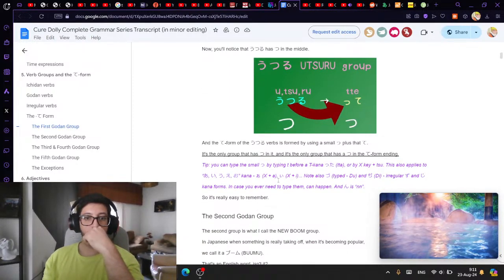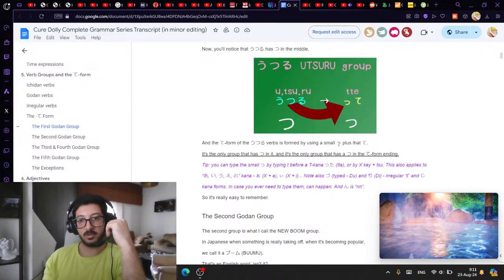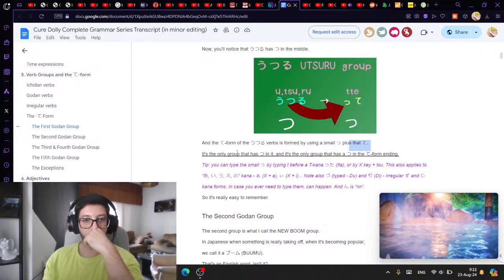And the te form of the utsuru verbs is formed by using a small tsu. Chisai means small. Small tsu plus the te form, the te.